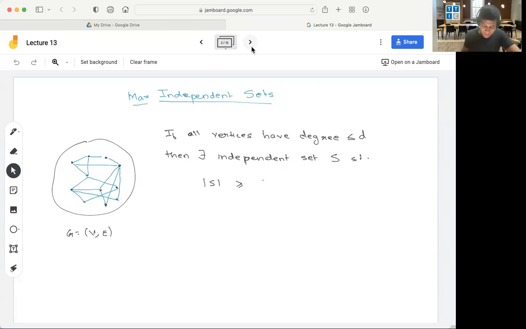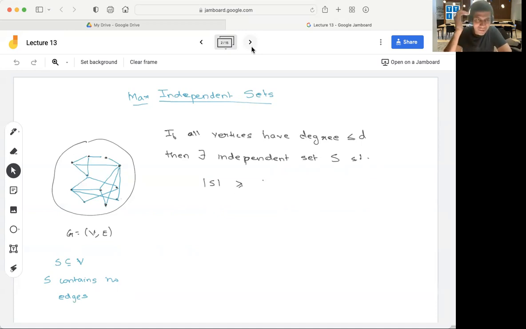And what is an independent set? Given a graph, it's a subset of vertices such that this set contains no edges. So there are no edges for which both endpoints are in our set S. Okay. So why is this called independent?